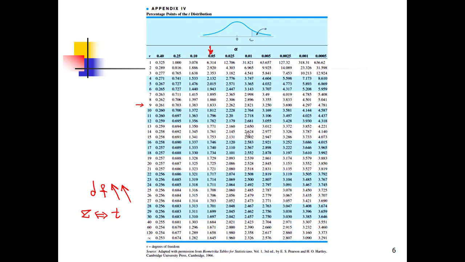Okay, this table is a photo. When I write on the PowerPoint it is okay, but when I write on the photo, it becomes very slow. So the t that we find is this much, 1.833. So now I just go back to my example.